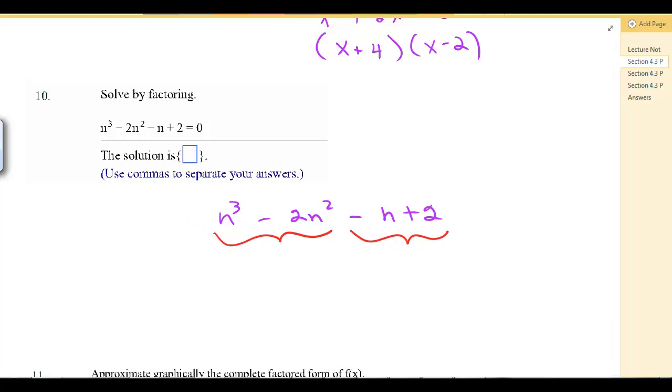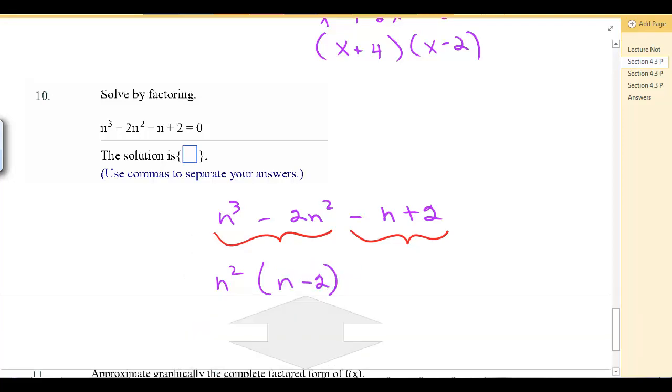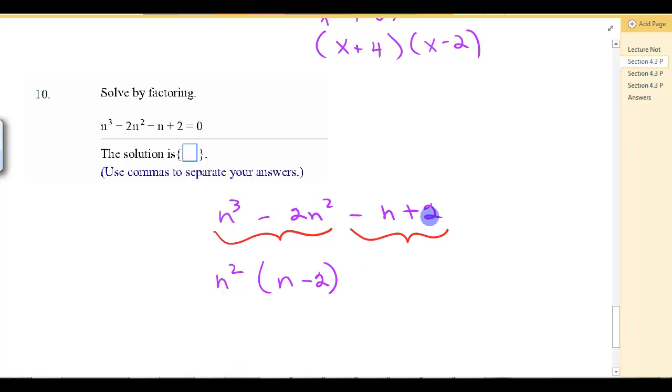I could factor out n squared and be left with n minus 2. Over here I need n minus 2 to work here. That would change both those signs, so if I pulled out a minus 1, that would work. That'd give me minus n plus 2.